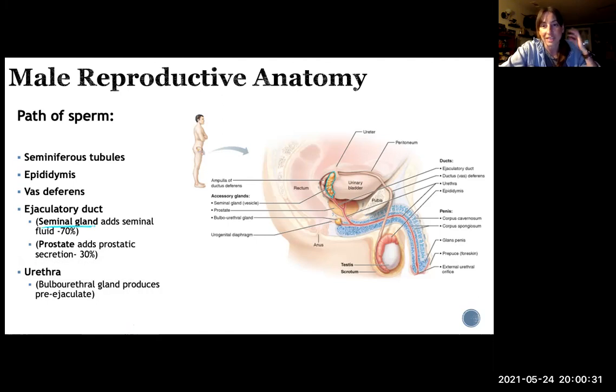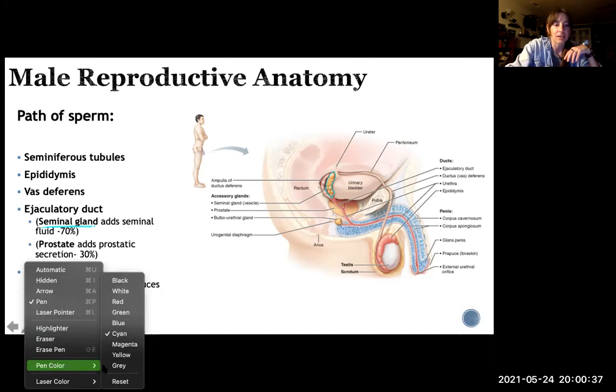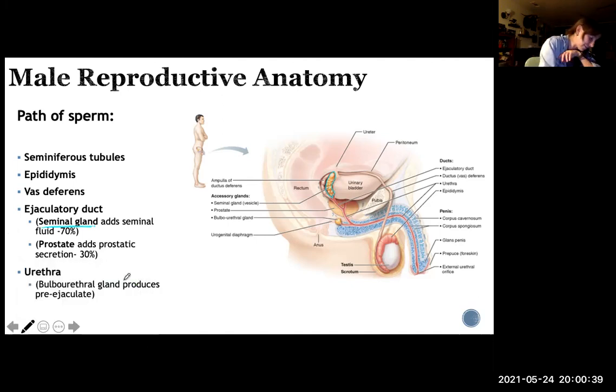These are going to basically nourish the sperm, which is really important. And it also is an alkaline substance, which is going to help to protect the sperm as they enter the vagina, which is an acidic environment.